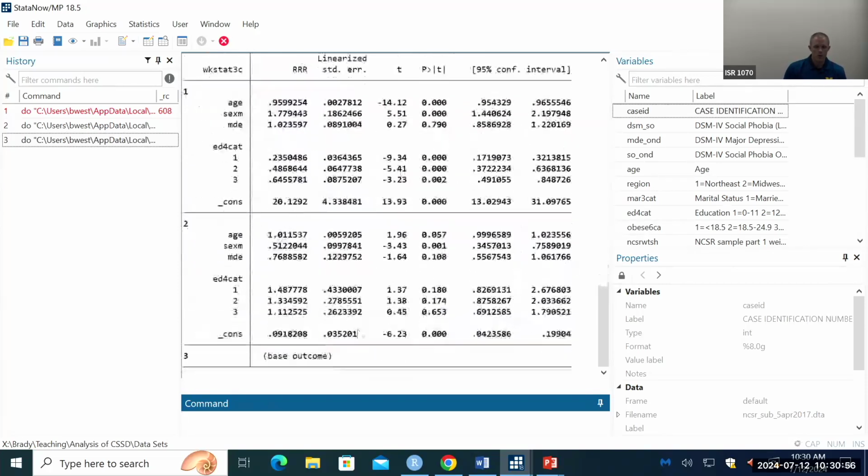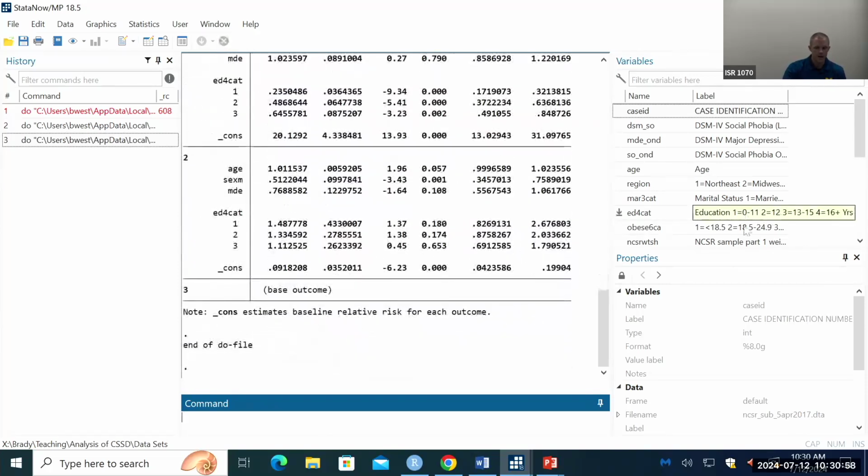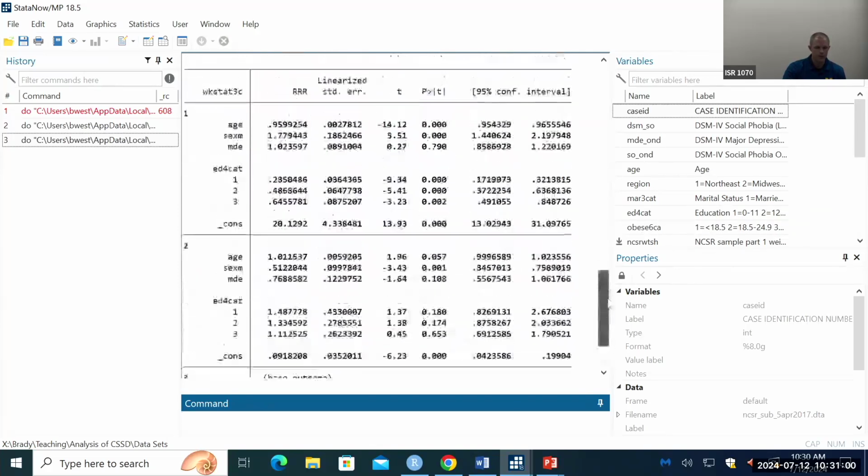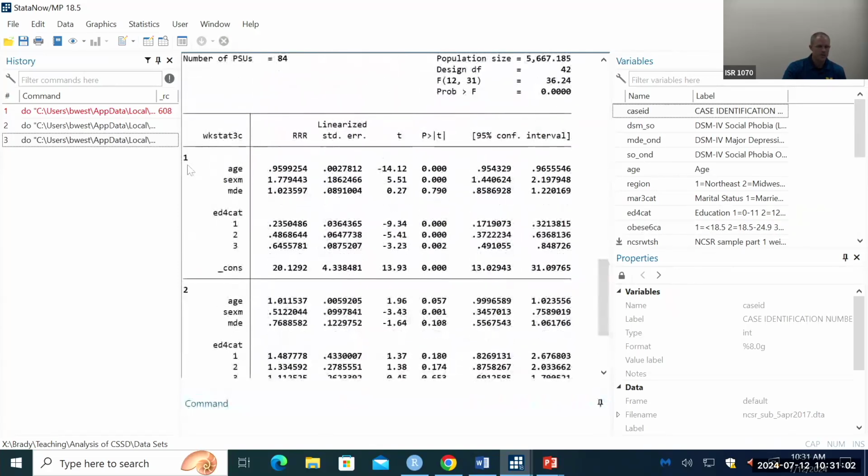Now, what I want to point out about the output that gets generated when you fit this model: notice how it labels the output by the non-reference categories of the dependent variable. These are the odds ratios in the generalized logit function for category 1 versus category 3.